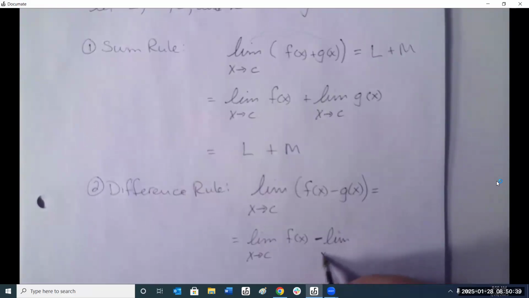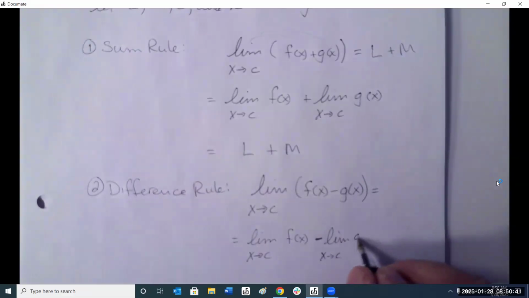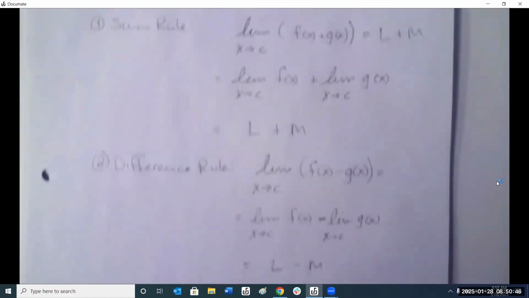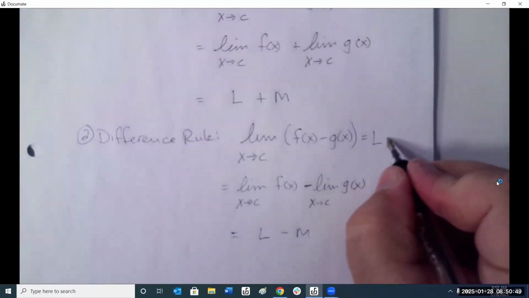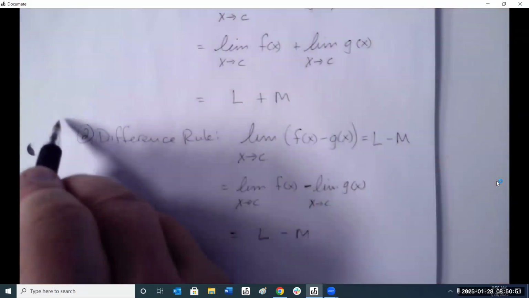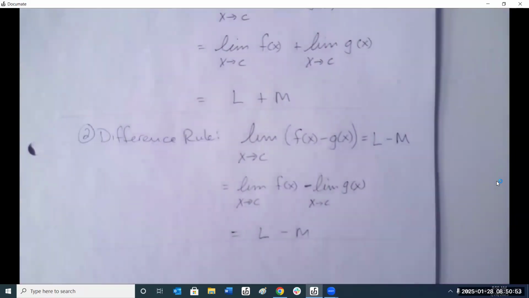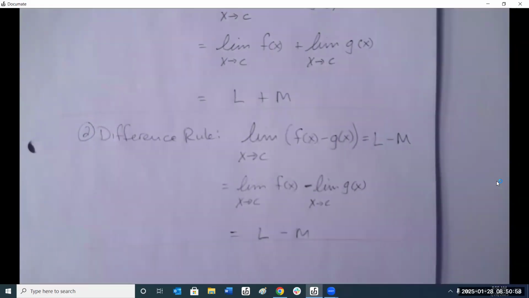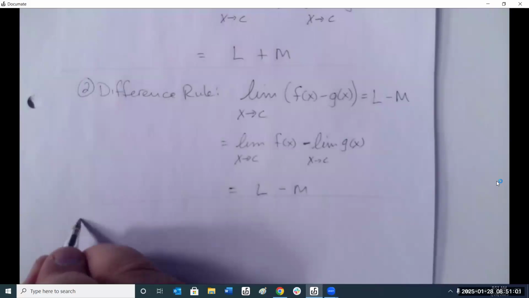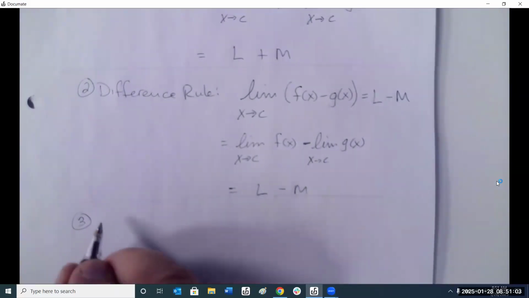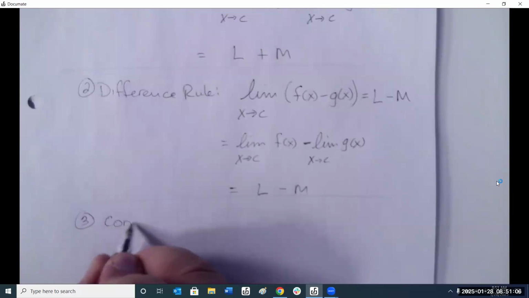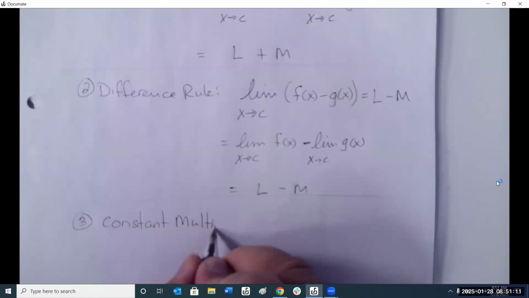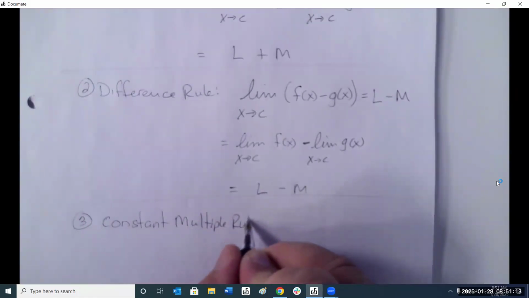The limit of f of x minus the limit of g of x, which makes it L minus M. The constant multiple rule.